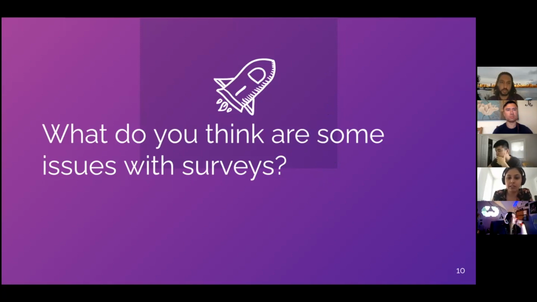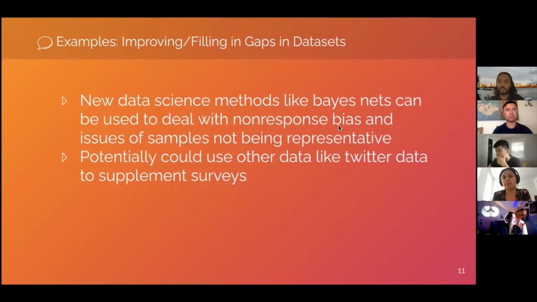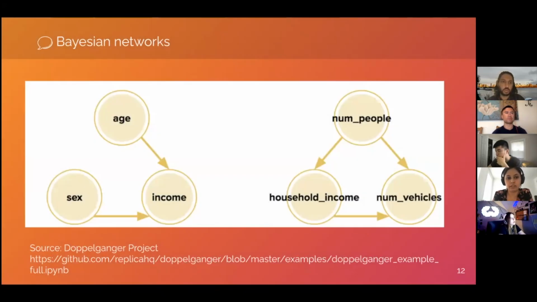But nowadays, there's some movement toward maybe using other methods, like in data science, to improve survey responses or get more out of them and deal with issues like non-response bias and issues of samples not being representative. So one example of this that I've worked on before is using Bayesian networks.